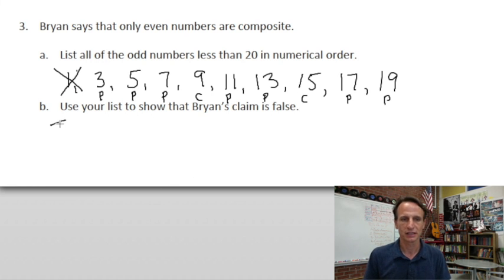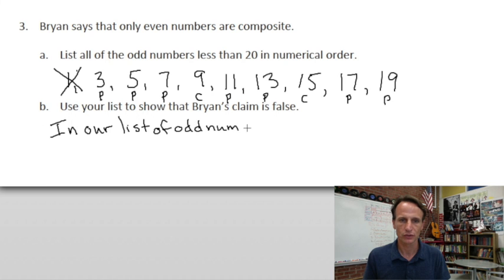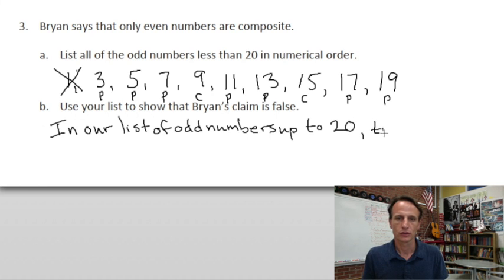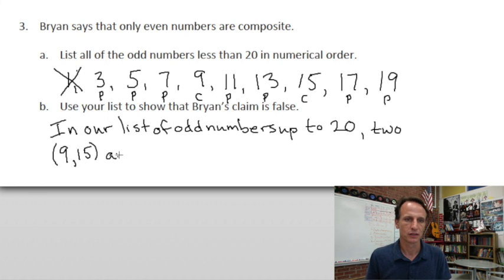So in our list of odd numbers up to 20, two, and we'll put them in parentheses here, 9, 15, are composite.